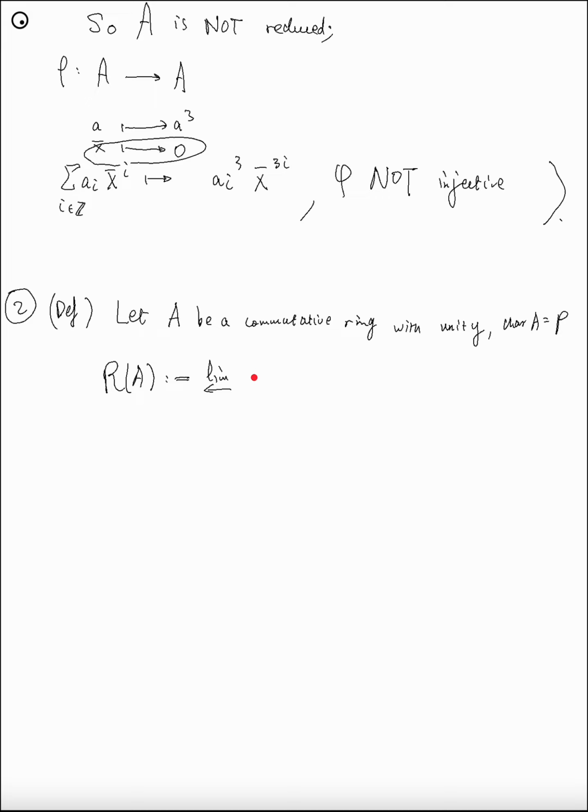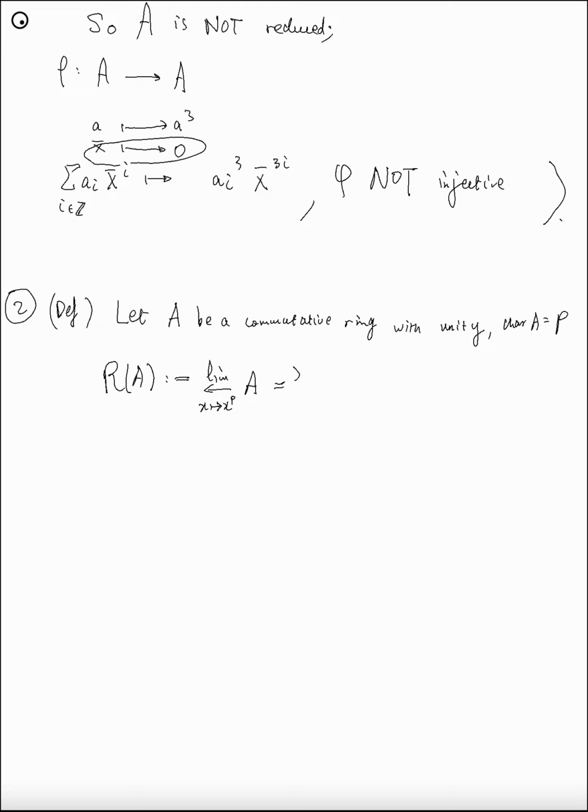Let me just denote as follows. So Frobenius, x maps to x to the power p. Let me write like this. What does this mean? I'm going to describe.